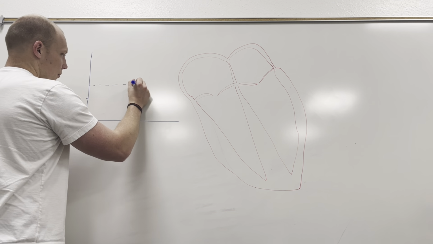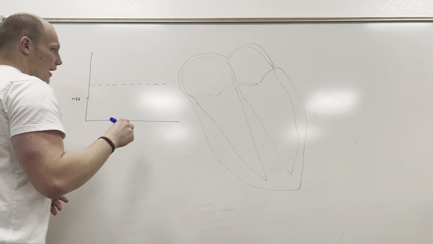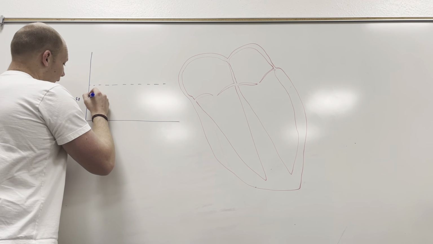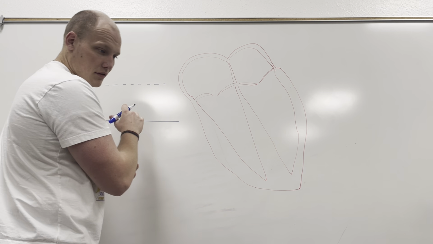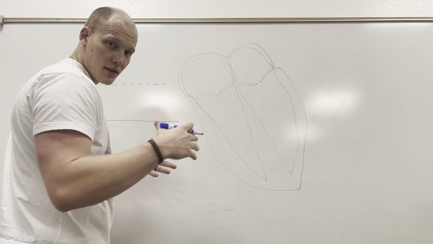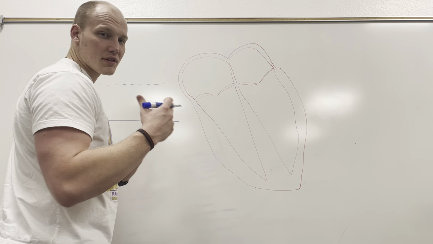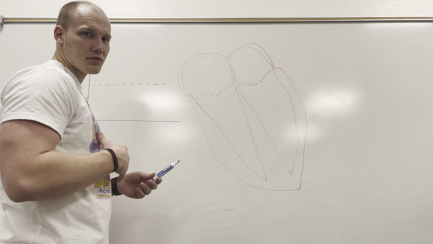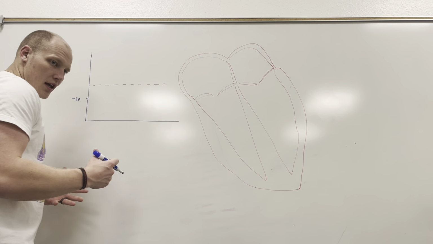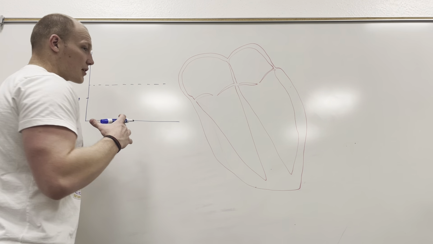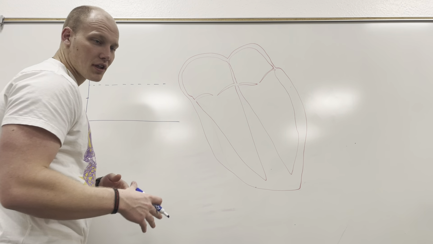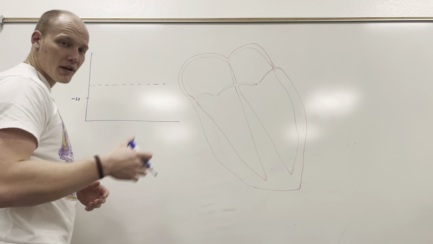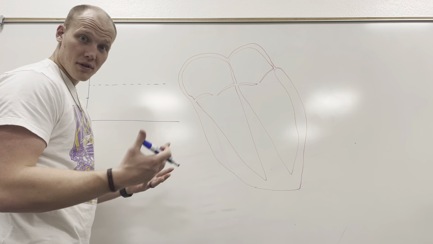So we have threshold right here, and instead of maintaining a solid resting membrane potential and then receiving potentials to start an action potential, it actually has different types of channels that continuously open and close to set the rhythm of the heart.